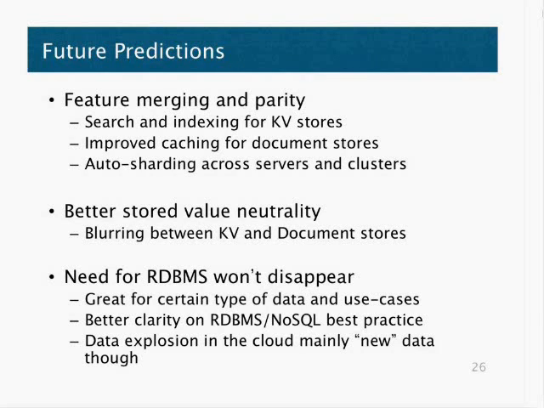There were pure key value stores, pure document stores, things only optimized for one area, and so on. What we see happening right now is that the requirements that come from the users are very similar, and as a result, the different products start to improve in the areas where they were lacking previously.